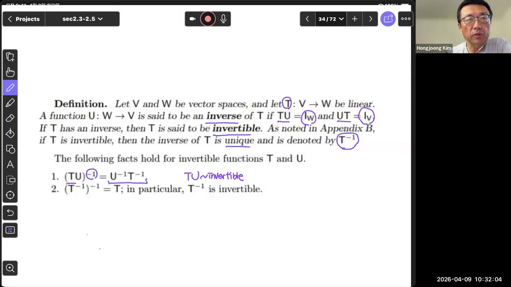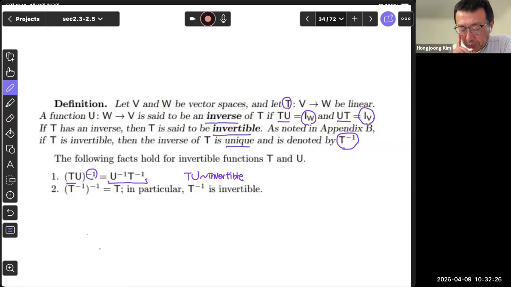Given the composite of T and U, the inverse will be the composite of U inverse and T inverse. You need to change the order; you need to take the reverse order of this operation.